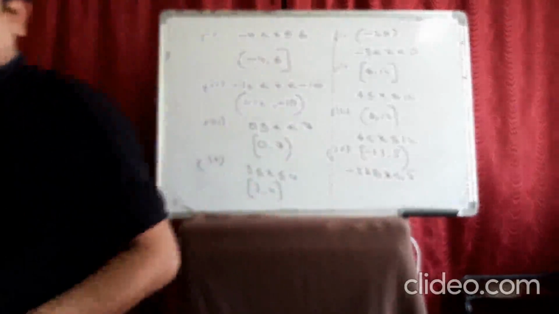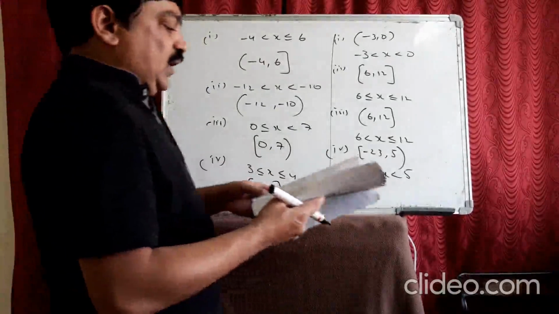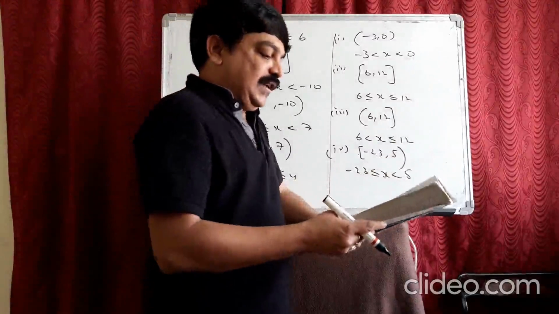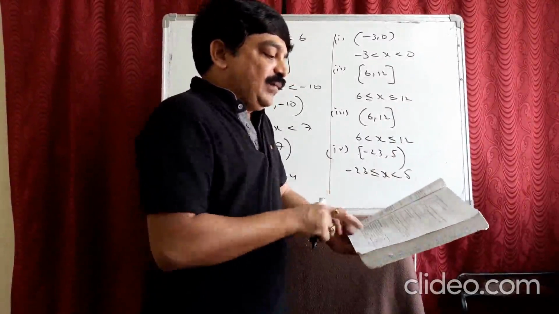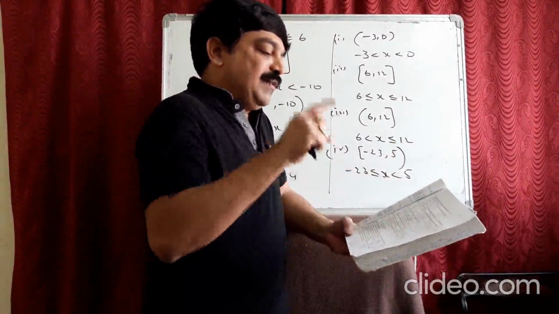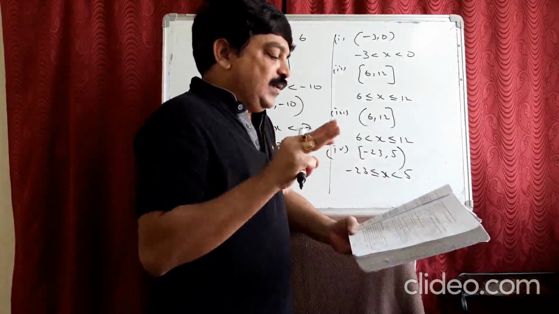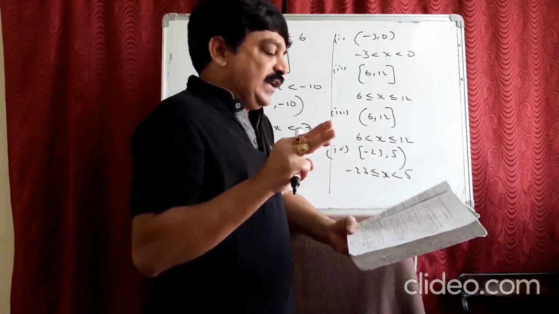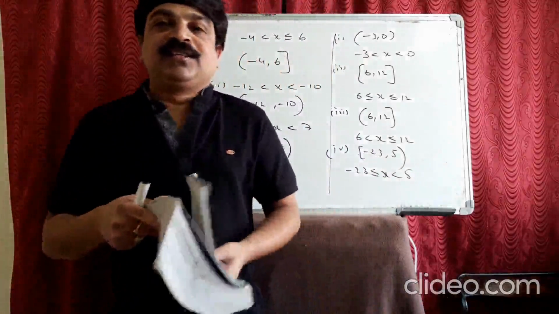Now, 9th question, given the sets A, B, C, which of the following may be considered as a universal set? Check where all the elements of A, B, C are there. I think the third option contains all the elements of A, B, C. So you can take that as a universal set. Alright guys, all the best.